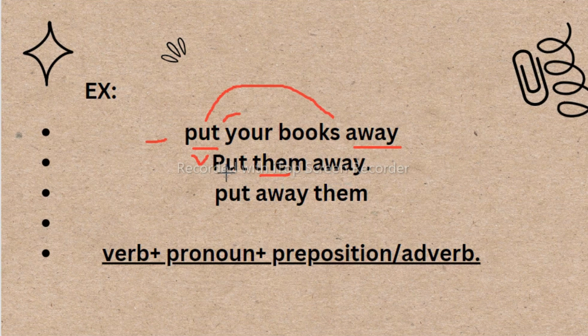When we are using a pronoun as an object, we have to follow this structure: verb, pronoun, and then preposition or adverb. We should not follow this structure: put away them. This will be a wrong sentence. This one is the correct one. This is the structure we have to follow here.